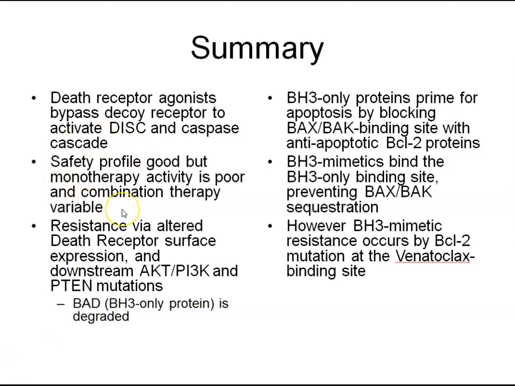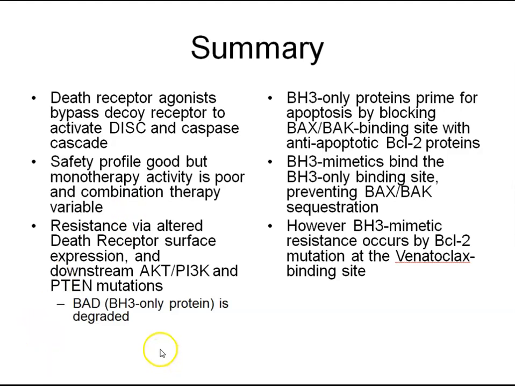We can give TRAIL or death receptor 4 or 5 agonists. They all have very good safety profiles, but monotherapy is really poor. Combination therapy is variable. Some newer TRAIL sensitizers are looking a little bit more promising, but in general there are loads of different ways in which TRAIL signaling can be inhibited by the cell, and only one of these is required to stop apoptosis induction.